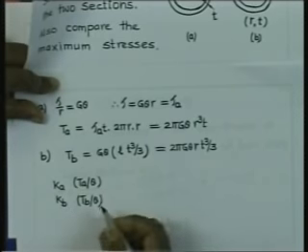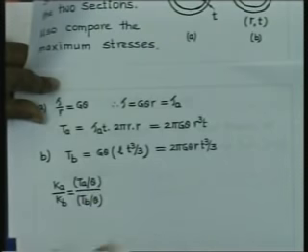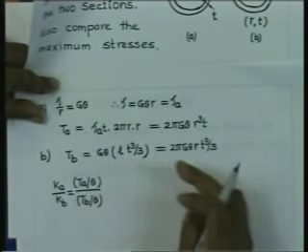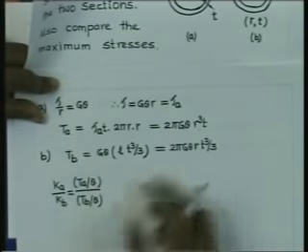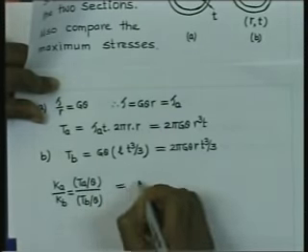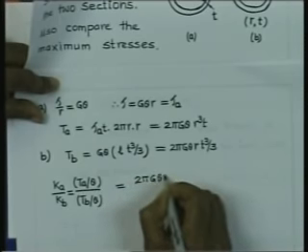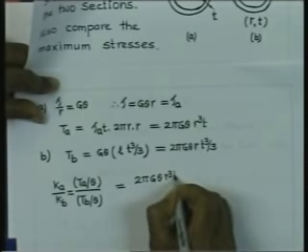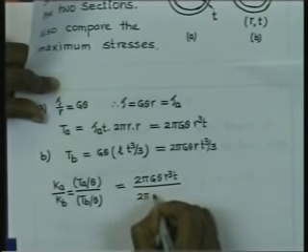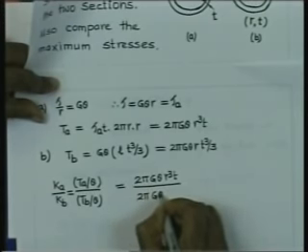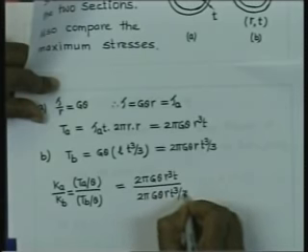If we now take the ratio of the two and substitute, that gives us 2 pi G theta r cube into t by 2 pi G theta r t cube by 3.